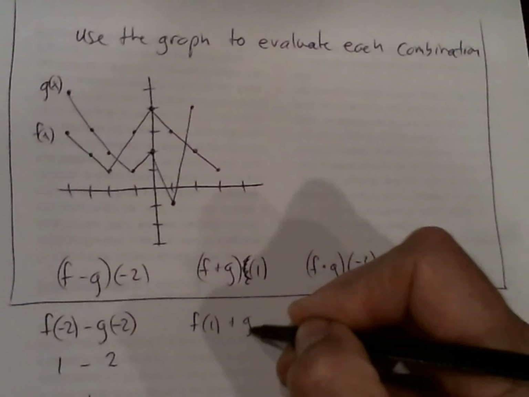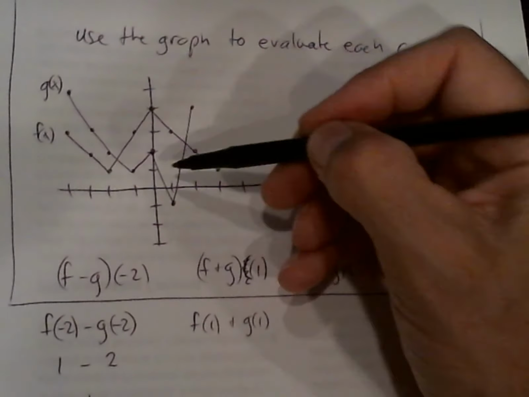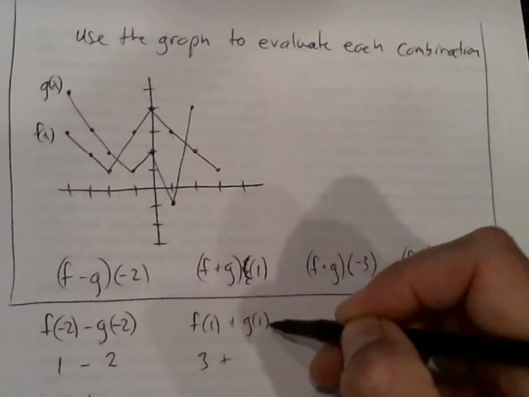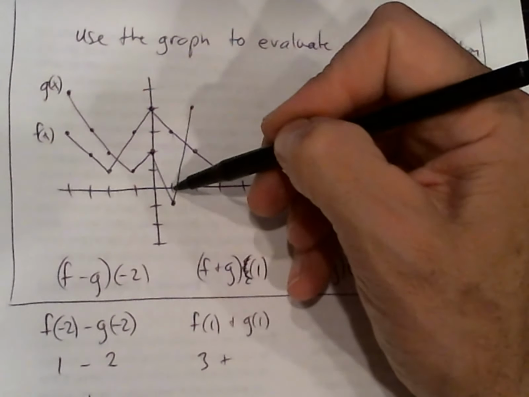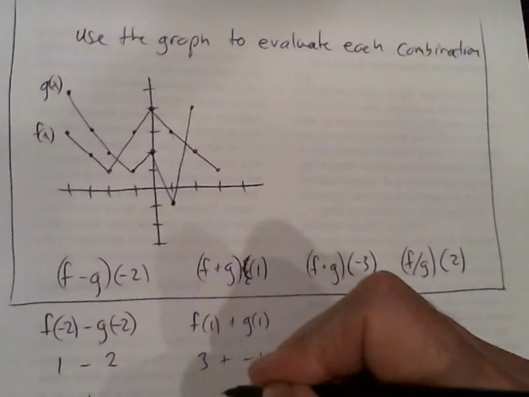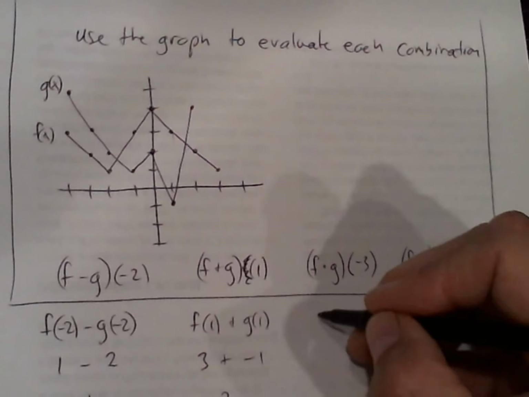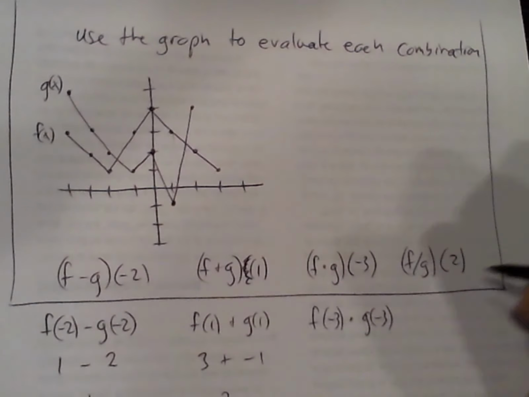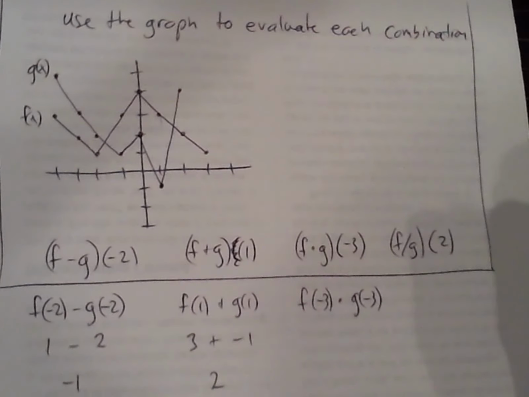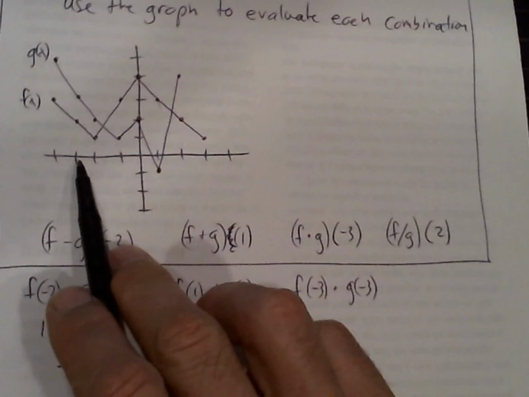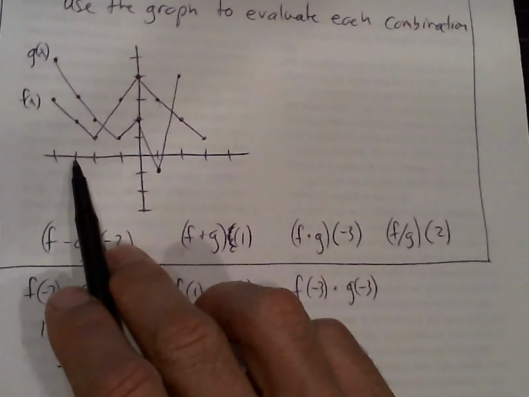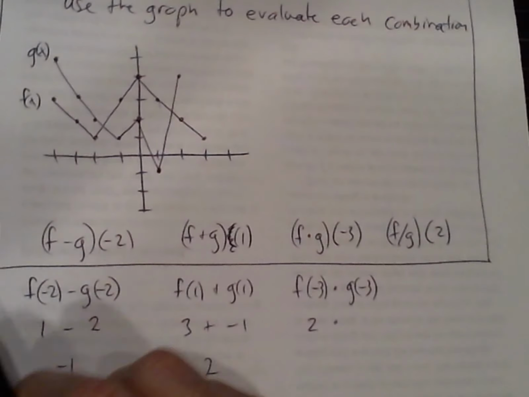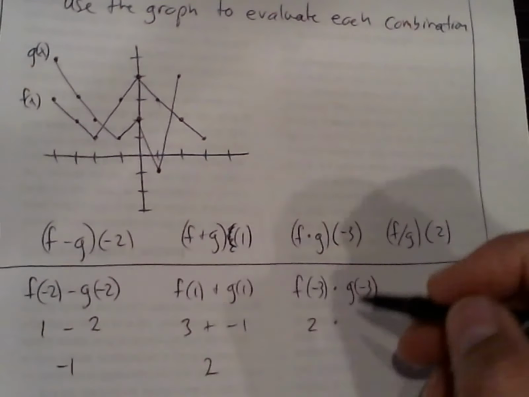F of 1 plus g of 1. F of 1 is 3. G of 1 is negative 1. So we get 2. F of negative 3 times g of negative 3. Negative 3, f is 2, g is 3.